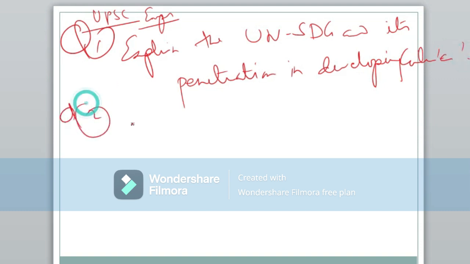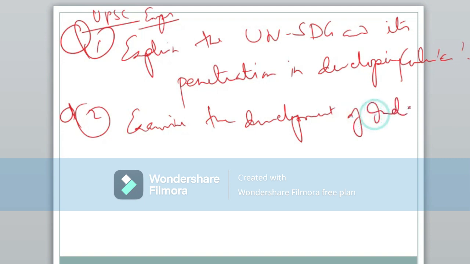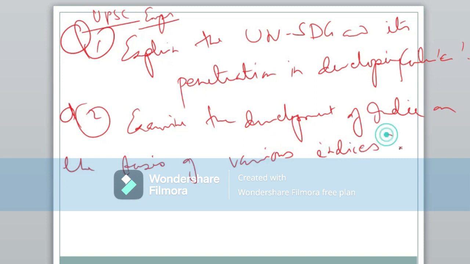Next question: examine the development of India on the basis of various indices. ये क्वेश्चन ऐसे ही पूछ सकता है यूपीएससी कि examine the parameters of indices under which India shows its progress and development.